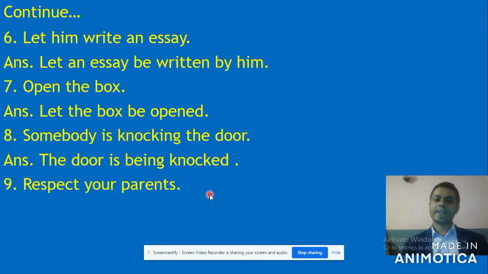Respect your parents. Okay, in this sentence, very first, I already taught you that rule as well. Respect your parents is an imperative sentence, right? But this sentence is about ethics, your culture, your moral duty.